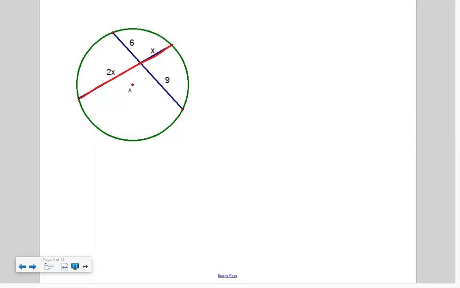If we take the red chord and the two segment lengths, 2x and x, we know that 2x times x will equal the blue chord segments, 6 times 9. Well, I know 6 times 9 is 54. 2x times x is going to be 2x squared.